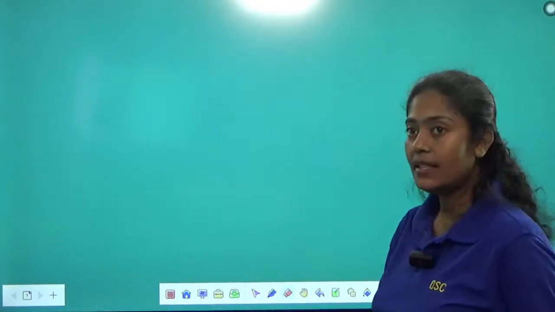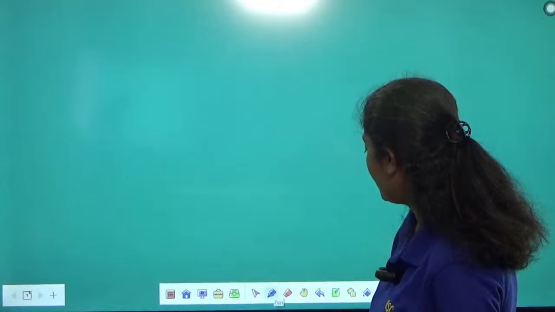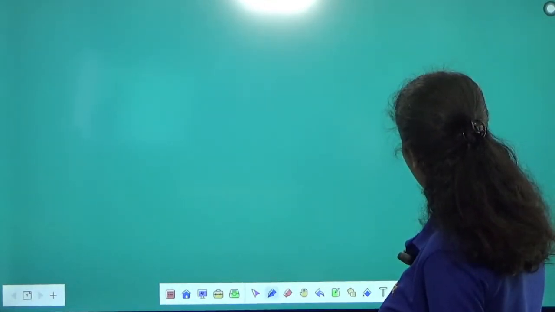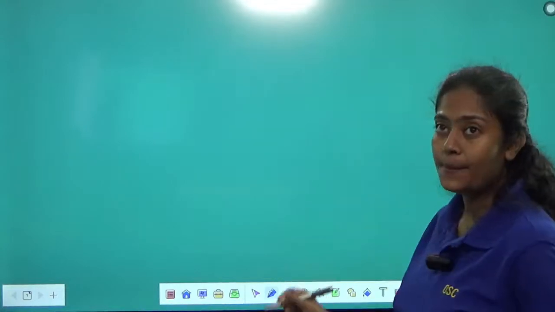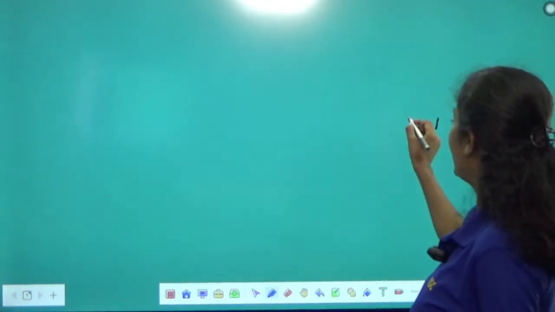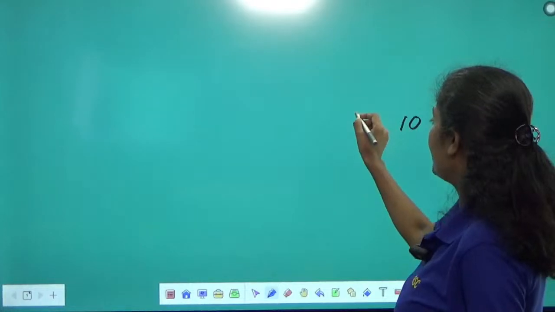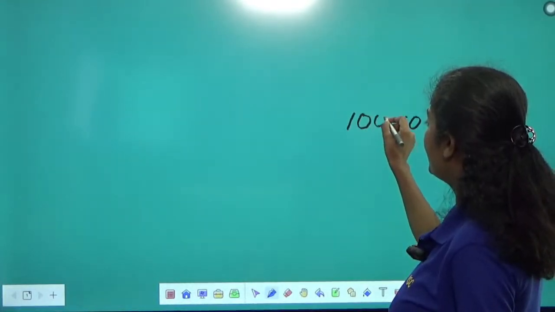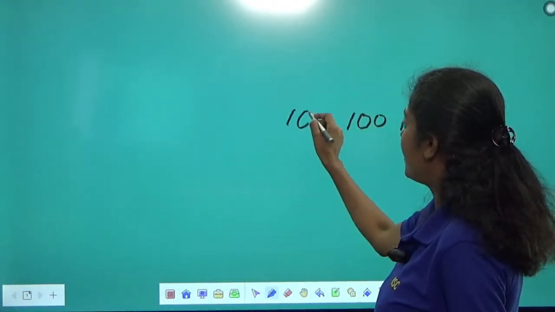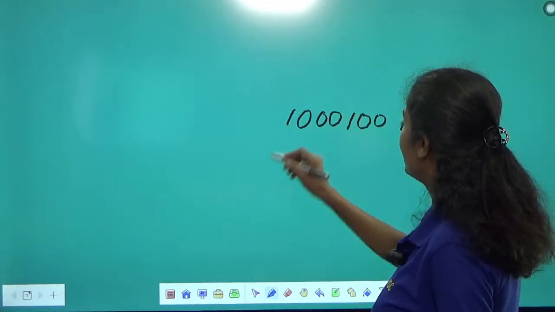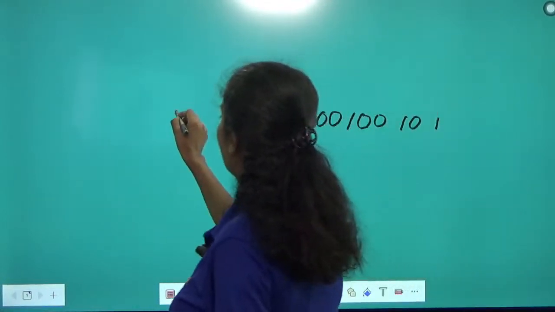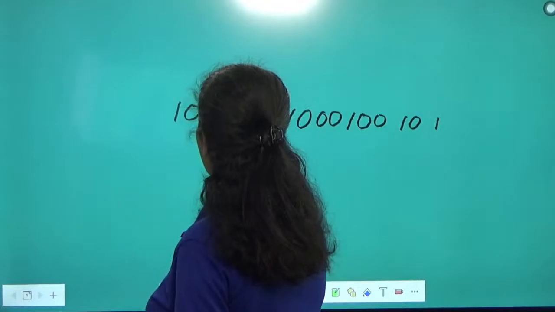When we consider the values, the ones place is 1, then the tens place value is 10, then 100, then 1000, then 10,000, likewise.